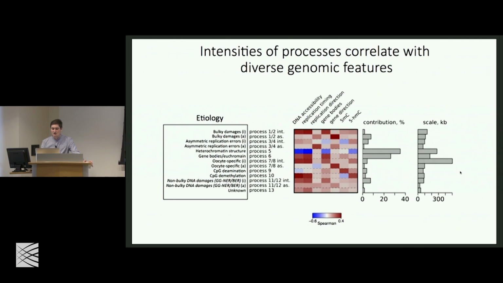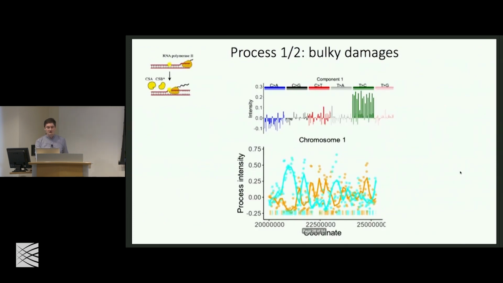So then I'm just going to showcase some examples of mutational processes to make it clearer. Process 1-2 is a strand-dependent process, and we think that this process reflects bulky damages. This is the spectrum of this process, dominated by enrichment of T2C mutations, and this is the variability of the two components that comprise this process along the genome.